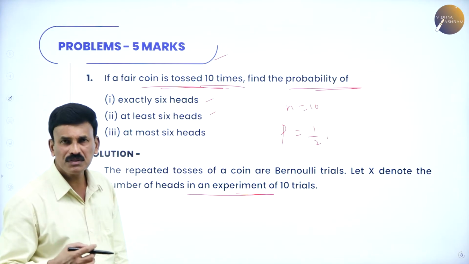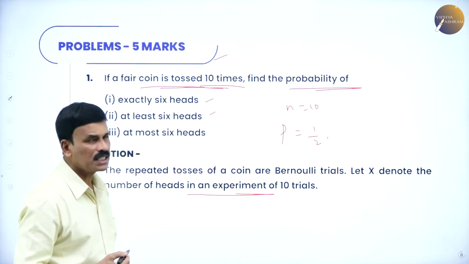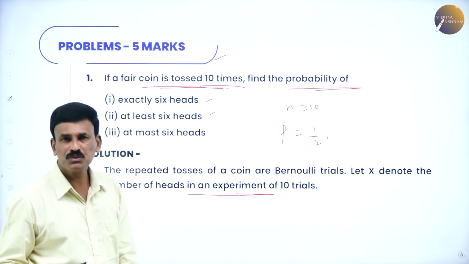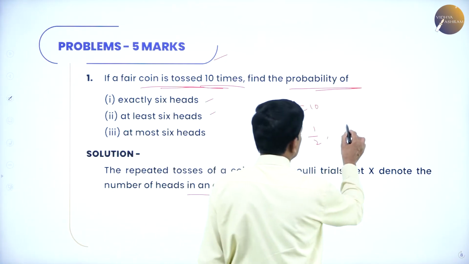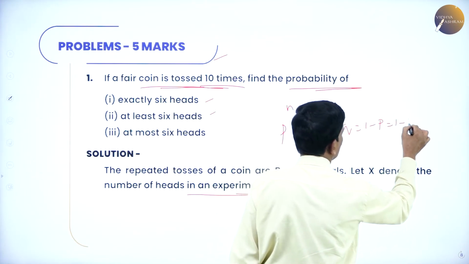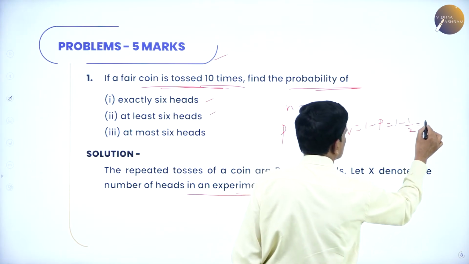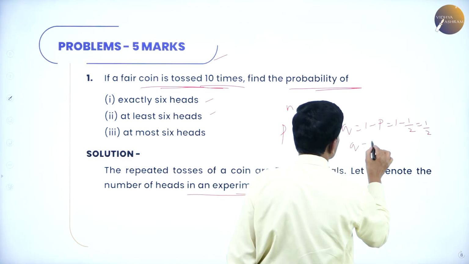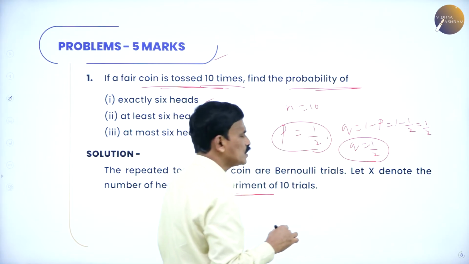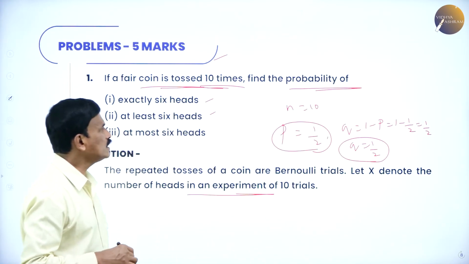Q, not getting a head, is equal to 1 minus P, that is 1 minus 1 by 2, which is also equal to 1 by 2.